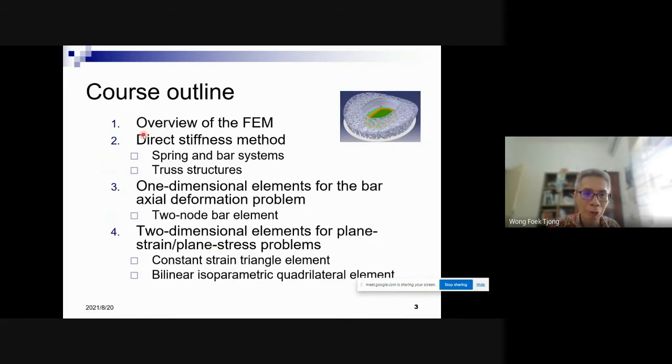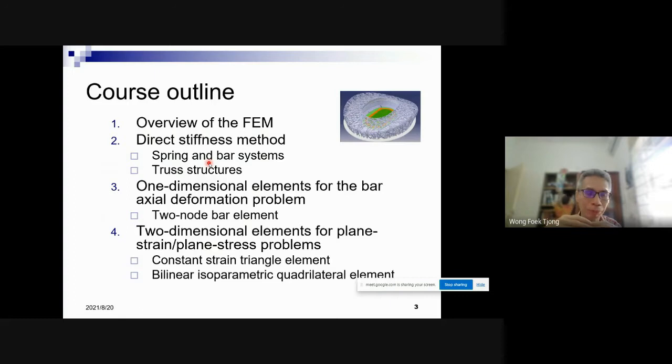First, I'm going to give a presentation about an overview of the finite element method, and after that we are going to discuss the direct stiffness method applied to simple problems, the simple problems of spring systems and bar structures.